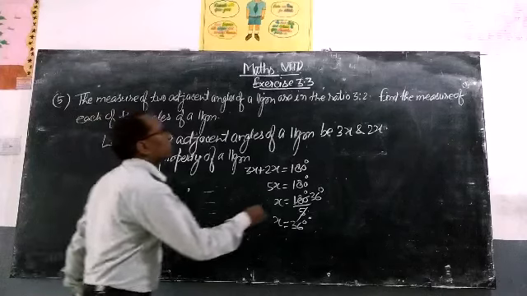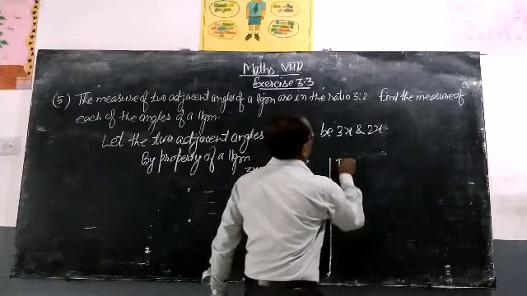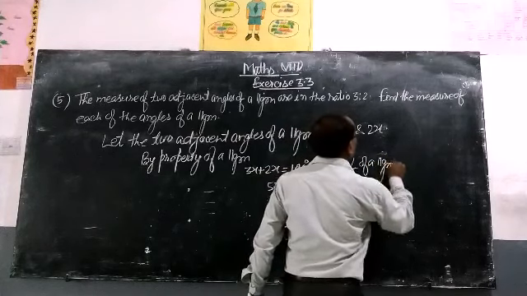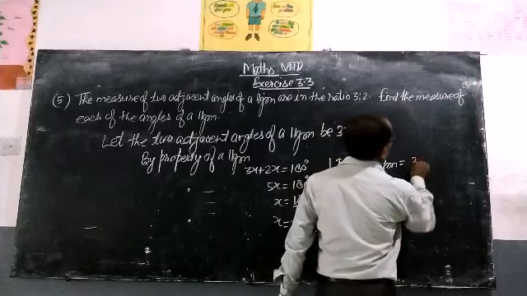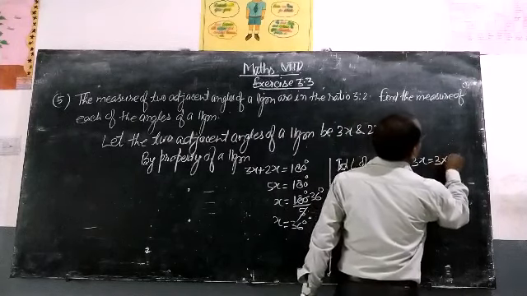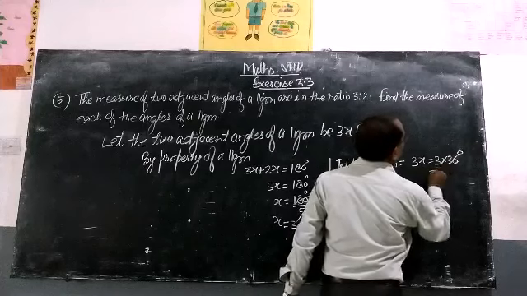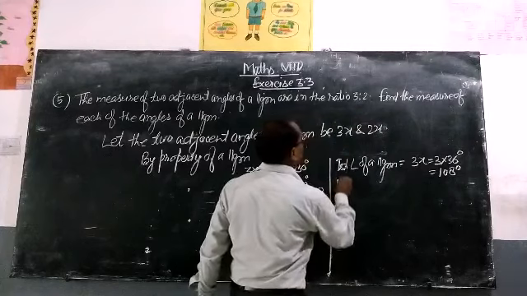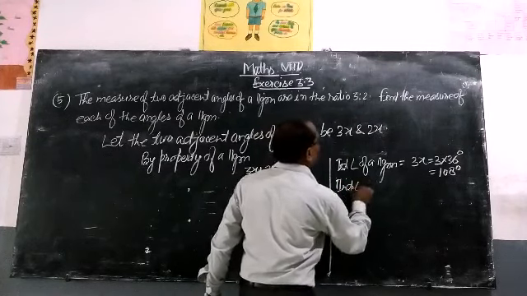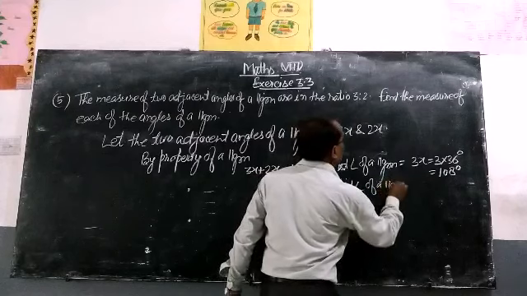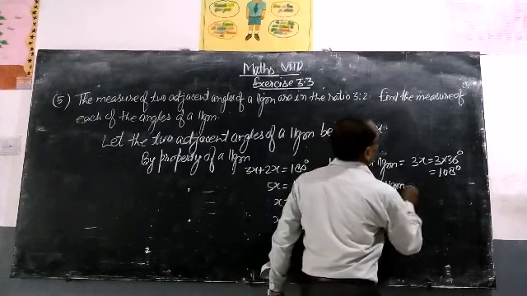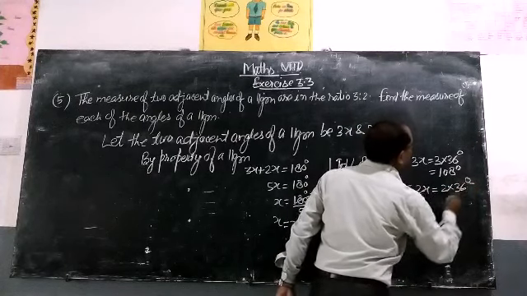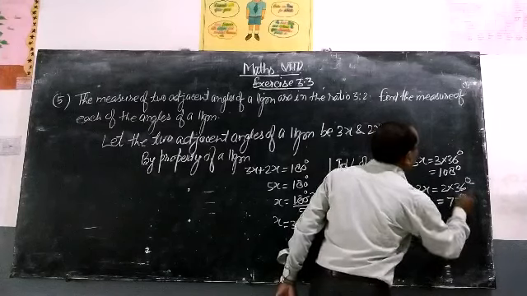Then the first angle of the parallelogram is equal to 3x, which is 3 into 36 degrees, that is 108 degrees. And the second angle of the parallelogram is equal to 2x, 2 into 36 degrees, which is equal to 72 degrees.